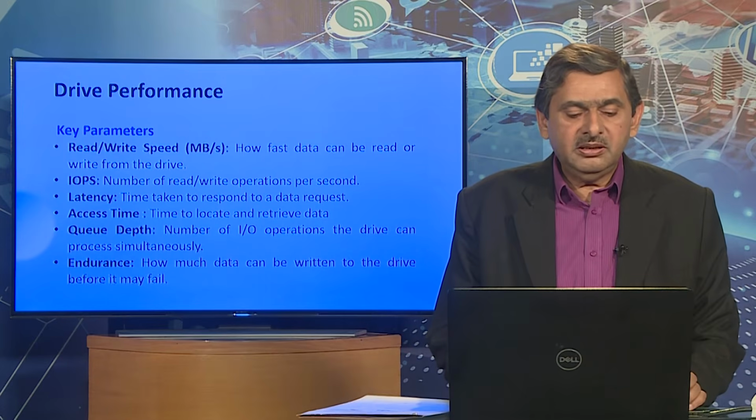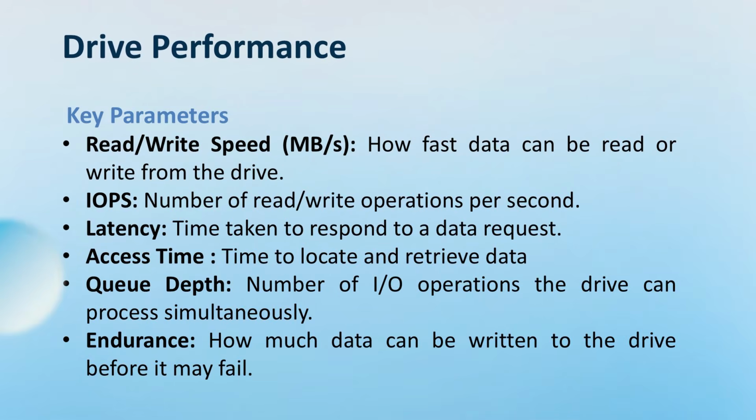There are some key parameters which are related to drive performance, and these are read write speed, which is measured in megabits per second, and it tells us how fast data can be read or written from the drive. Then we have IOPS, that is the number of read write operations that can be performed in 1 second.